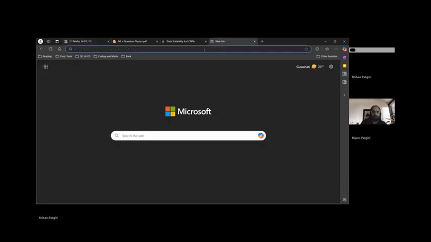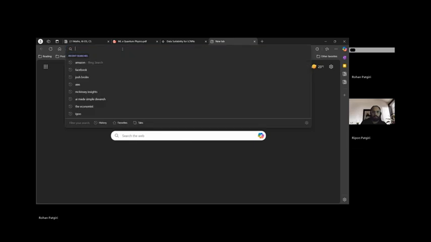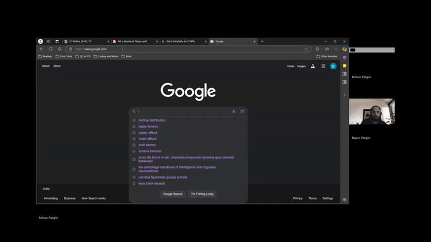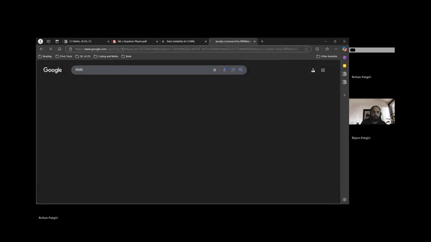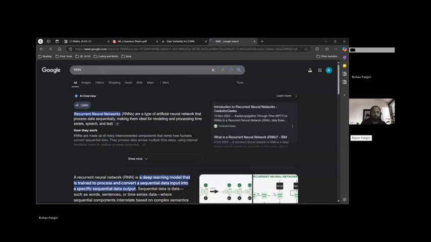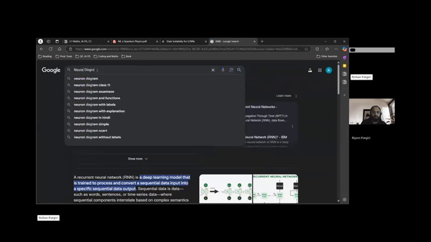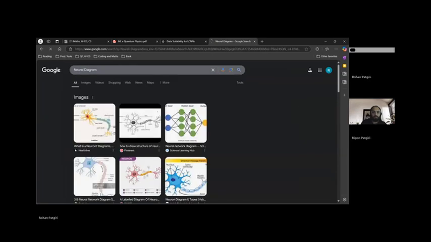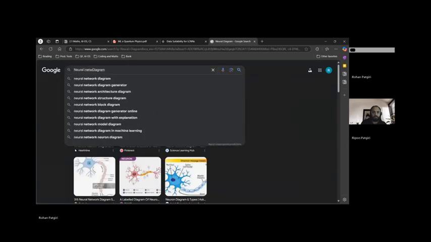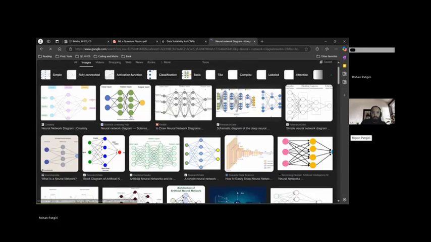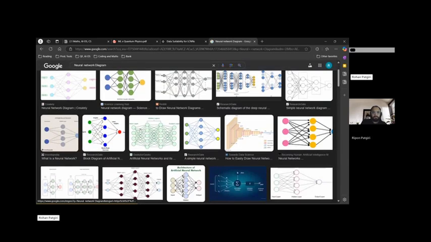Suppose, let me draw a simple neural network. So here you can see, suppose there are 4 layers.